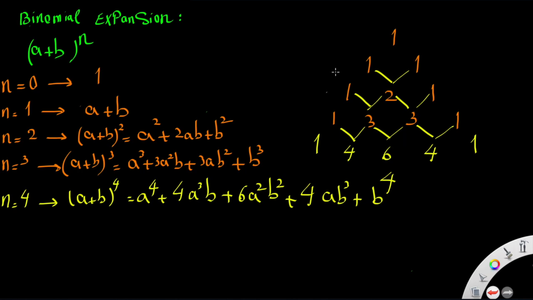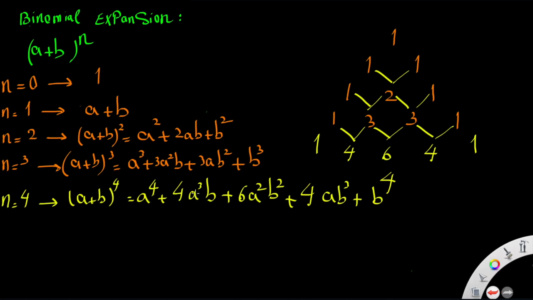Now this triangle, in which you can find coefficients of binomial expansion, is called Khayyam-Pascal triangle, in which you can find all coefficients. If you continue for any power n, it gives you coefficients.